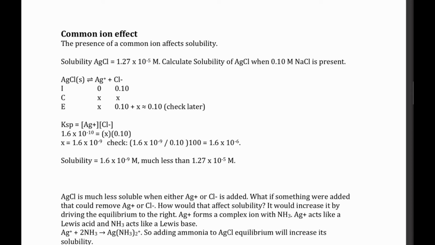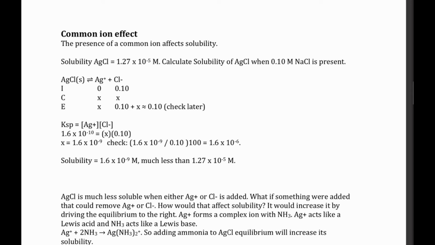We are dropping x with respect to 0.10, assuming x is very small. We can check that. It just makes the math a lot easier. And with that approximation, we get x to be 1.6 times 10 to the minus 9. We do our check, and it's way less than 5%.